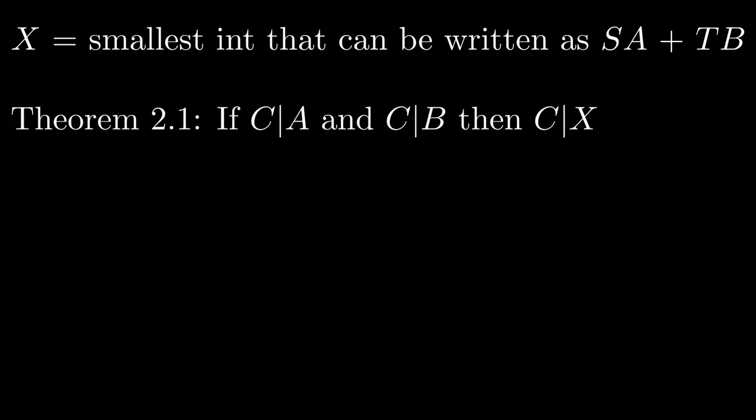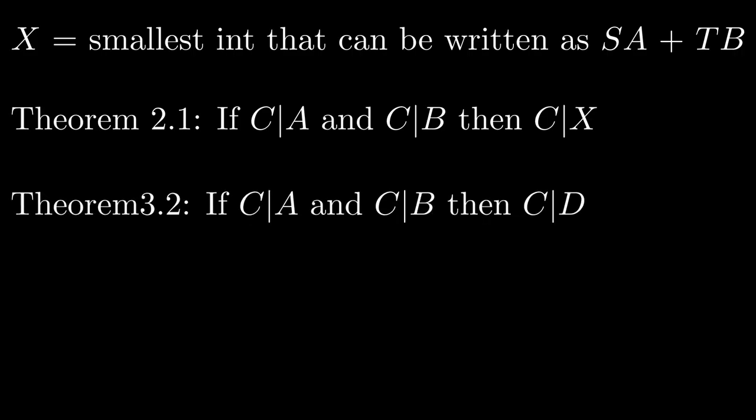Since c divides a and c divides b, we know that c must divide x because we have defined x to be the sum of a times s, which is divisible by a, and b times t, which is divisible by b. This demonstrates that any divisor of a and b will divide x, which is the second part of our theorem.